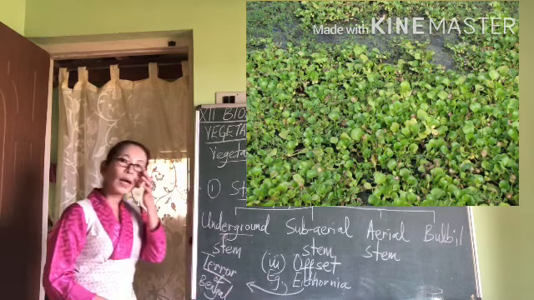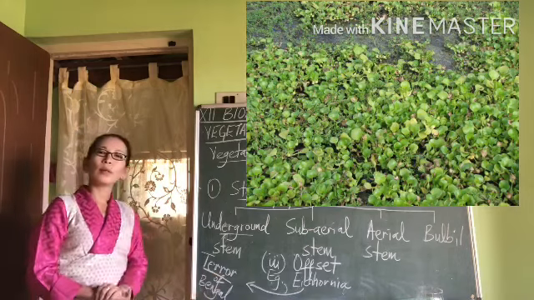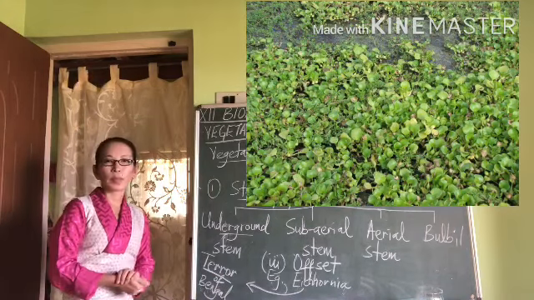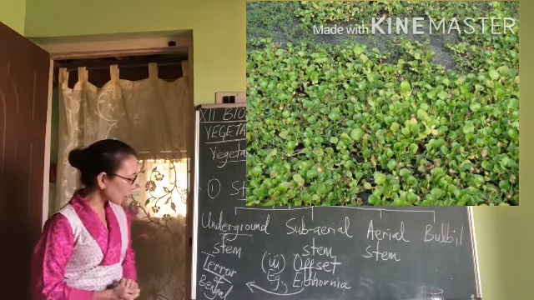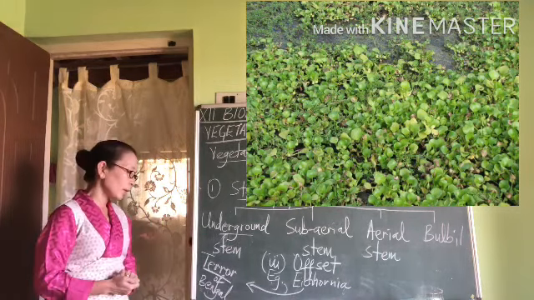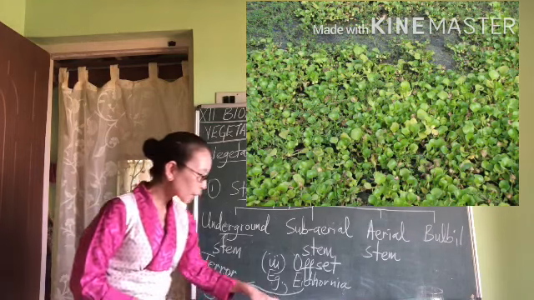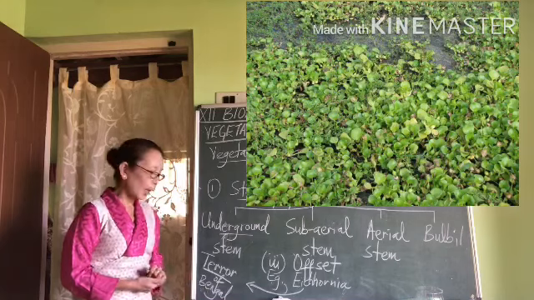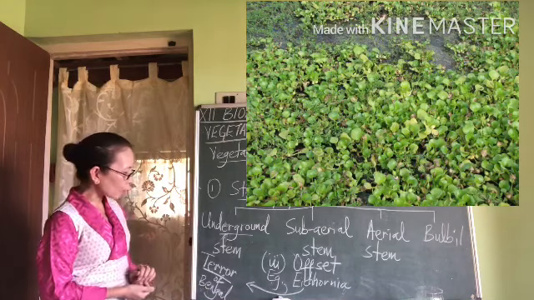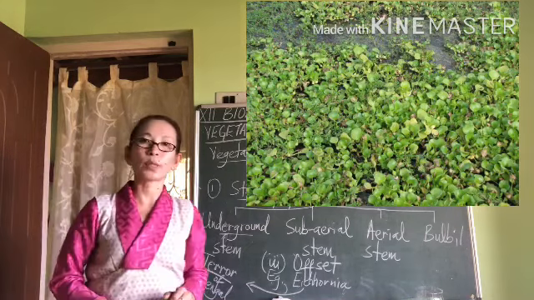So can you see here? Eichhornia is also called the terror of Bengal. Now, why terror? Terror because Bengal is a region where we have a lot of freshwater bodies, and people commonly have fish as one of their staple foods.